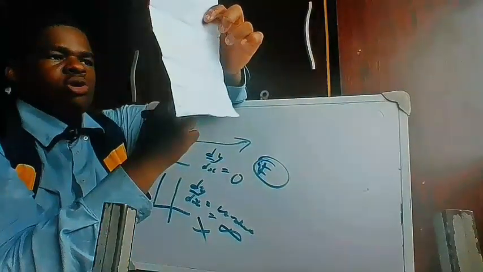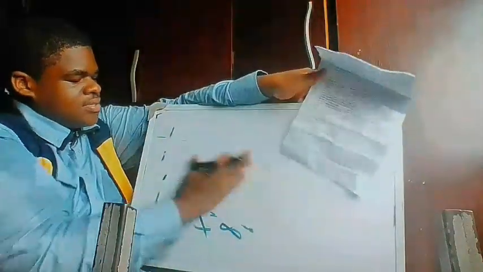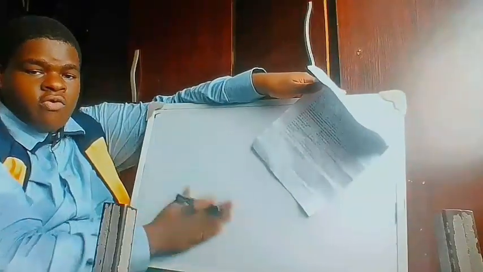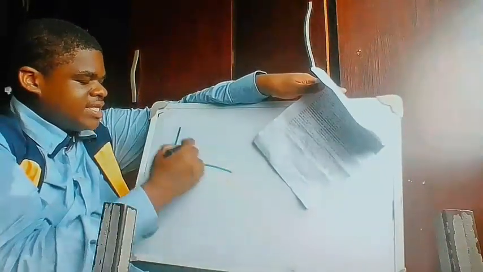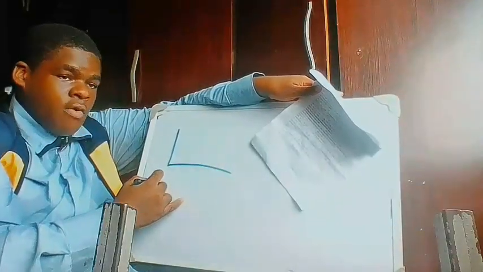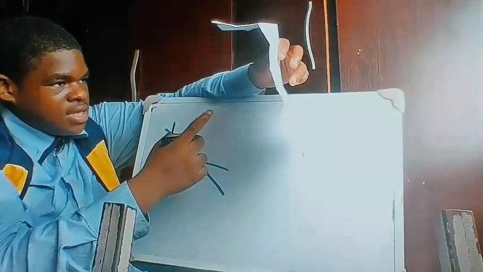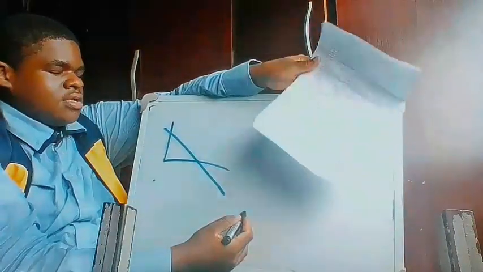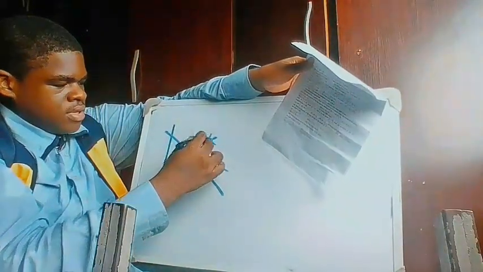Now, the answer for this question is none of the above. But just in case this is a question in an exam and they change the option, and instead they say the line that rises from right to left, this will be a negative slope.